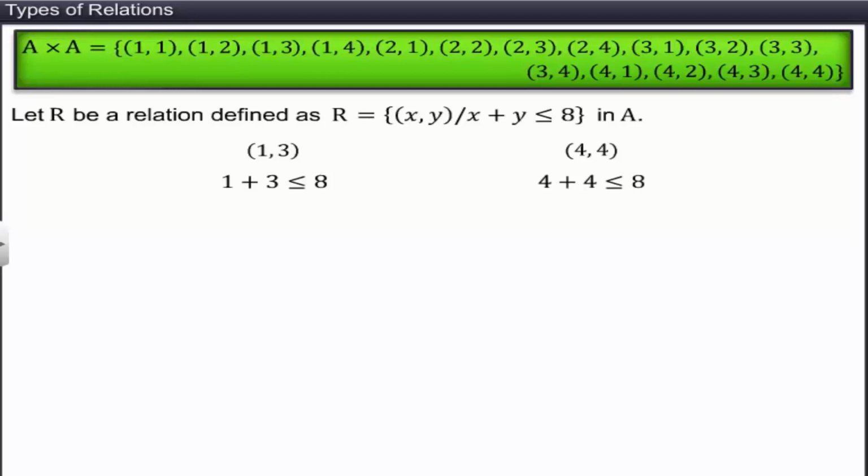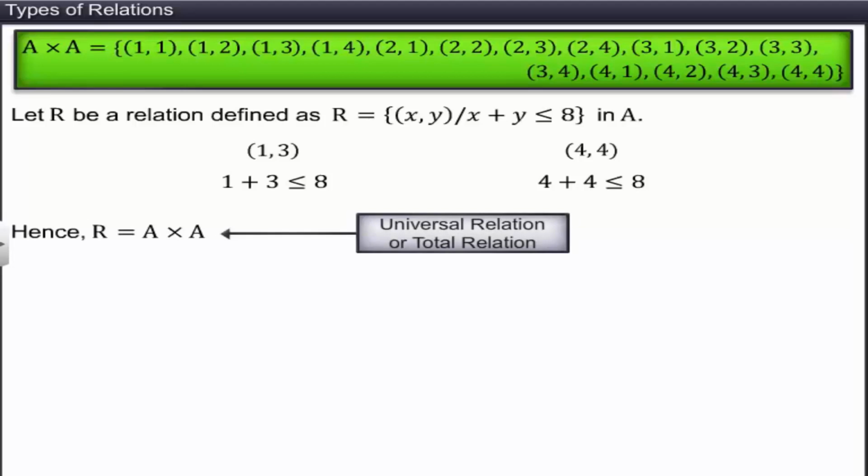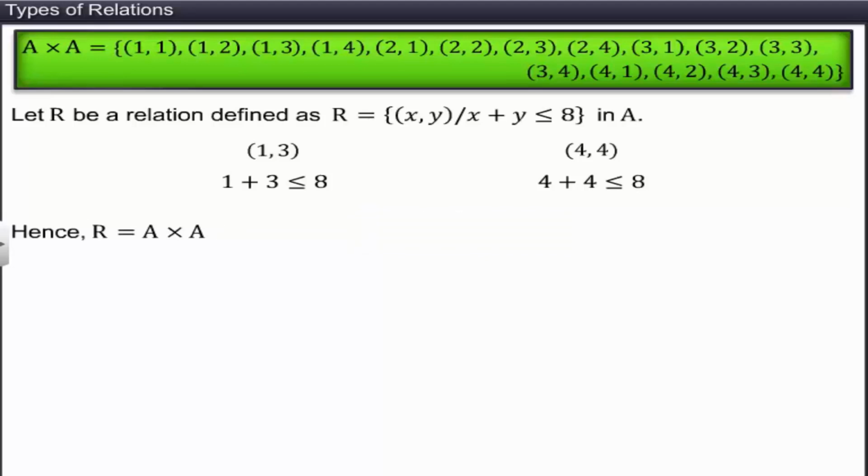Here, all the ordered pairs satisfy the condition. Hence, we get a relation R that has all the ordered pairs present in A cross A. This type of a relation is known as the universal relation or total relation.